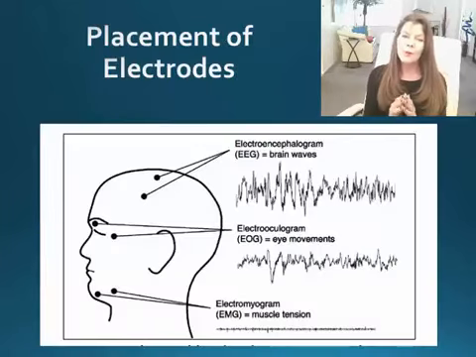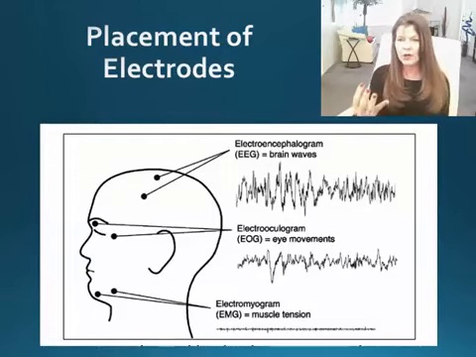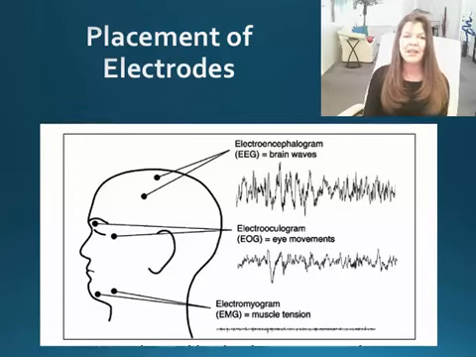Here I am just showing you where we typically place electrodes. An EEG may have as few as 4 electrodes, such as this very simple picture I'm showing you of one side of the face, but it can go up to over 250 electrodes.